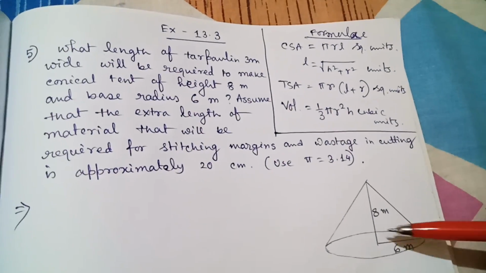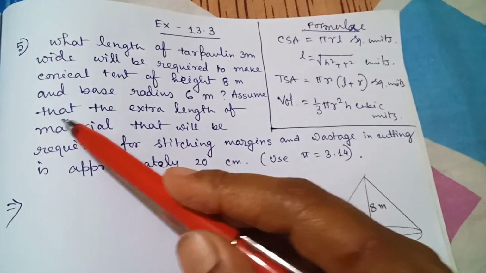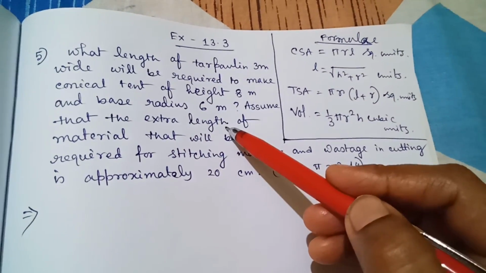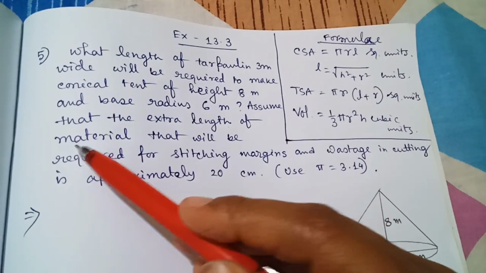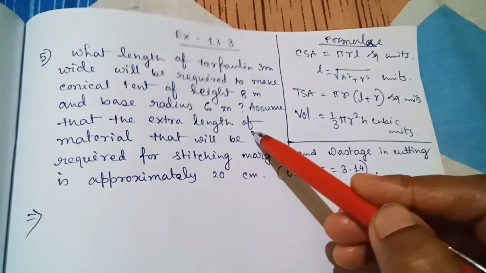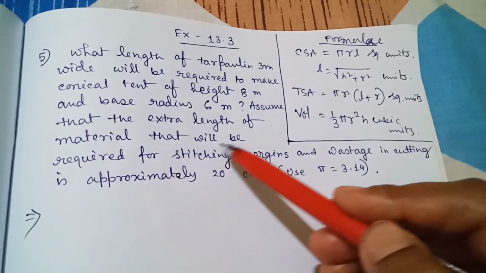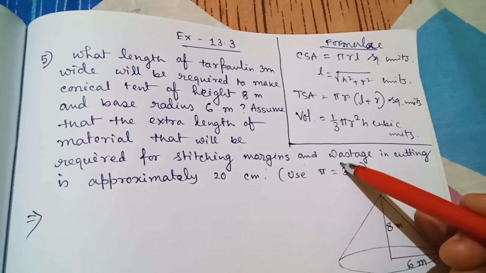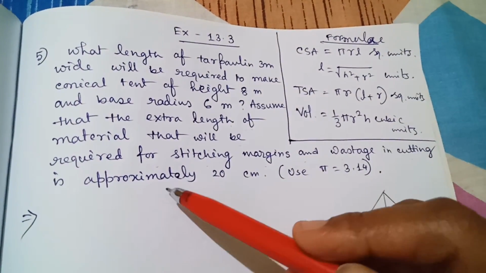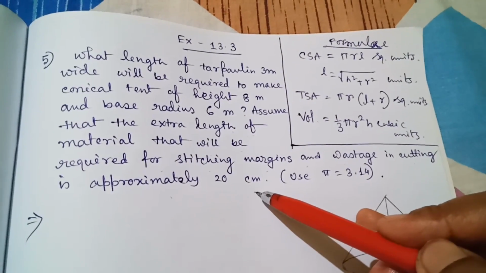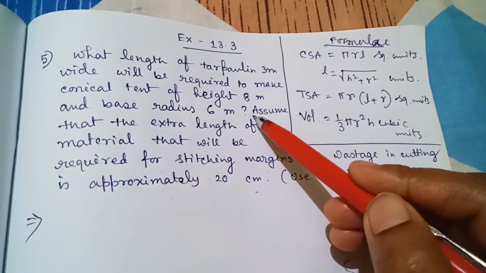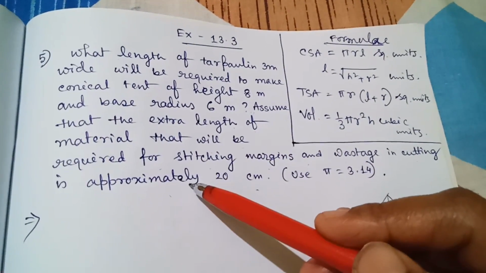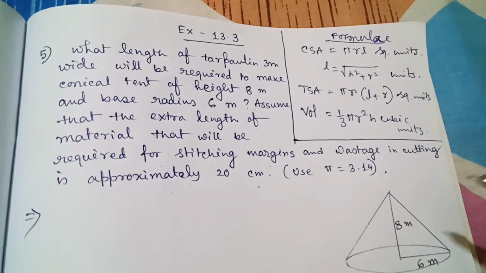Look, I have drawn the tent here, and the base radius is 6 meter. Assume that the extra length of material that will be required for stitching, margins and wastage in cutting is approximately 20 centimeter. We will look into this assumption later.